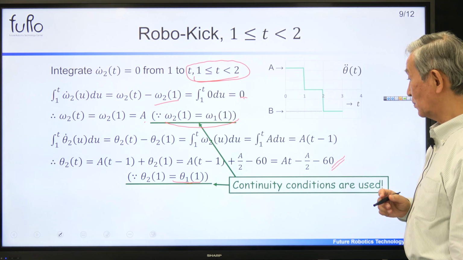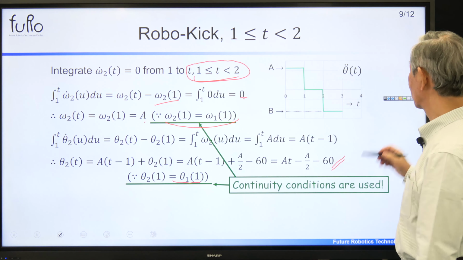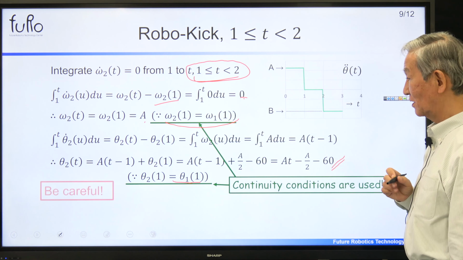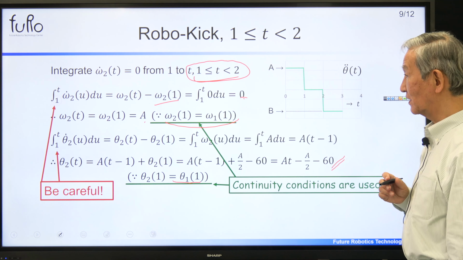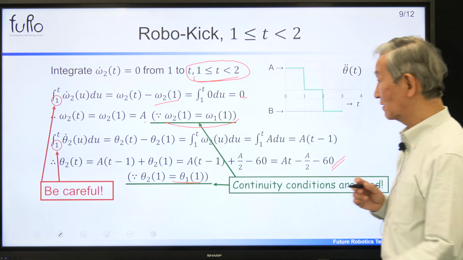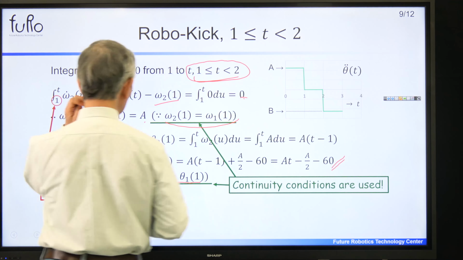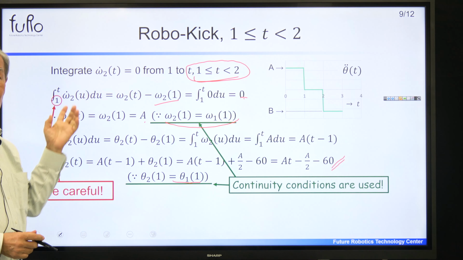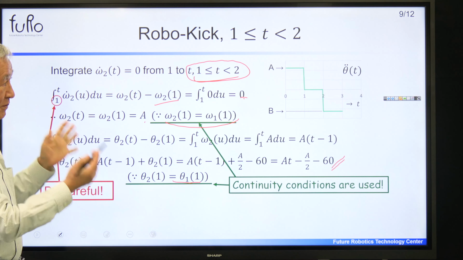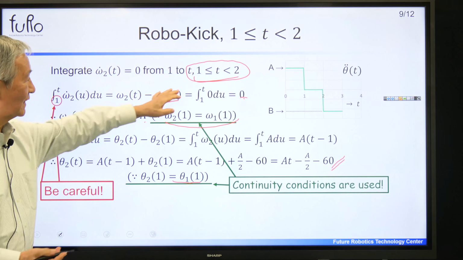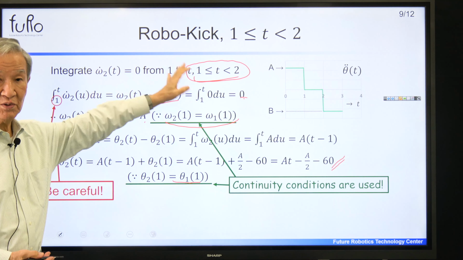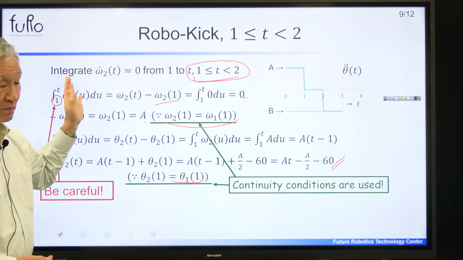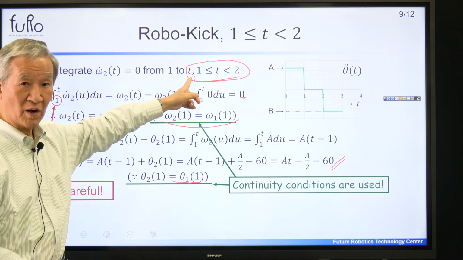Continuity conditions were used. But the more important thing is this. Since we have defined omega 2 and theta 2 in this interval, you can use those expressions only from t equal to 1.